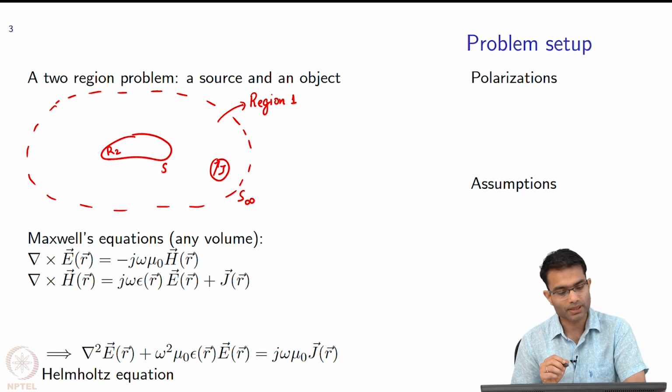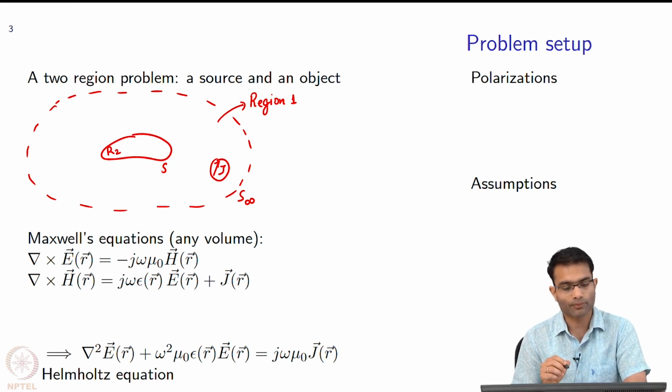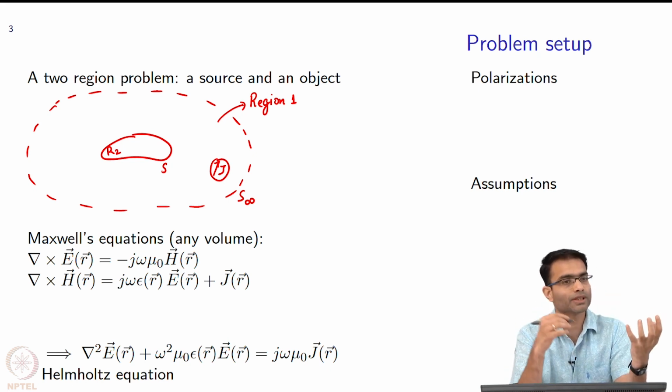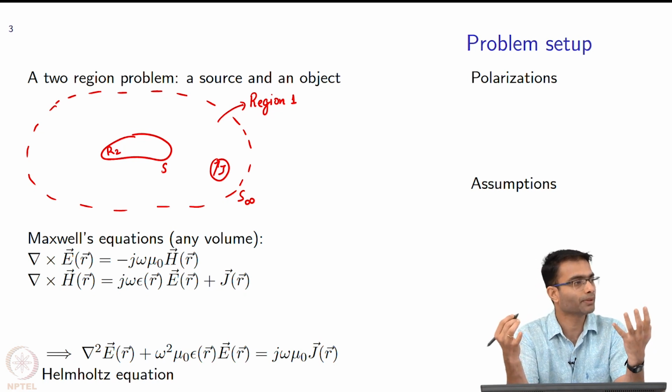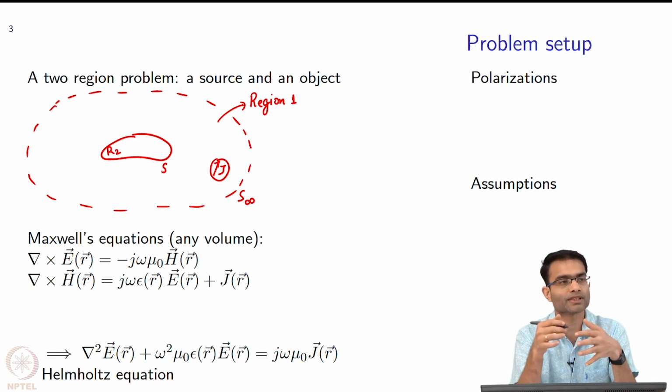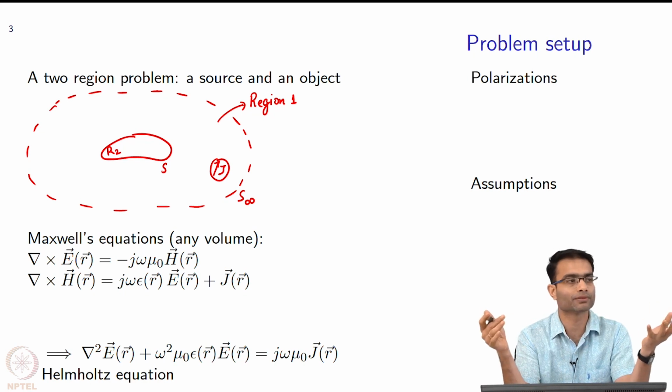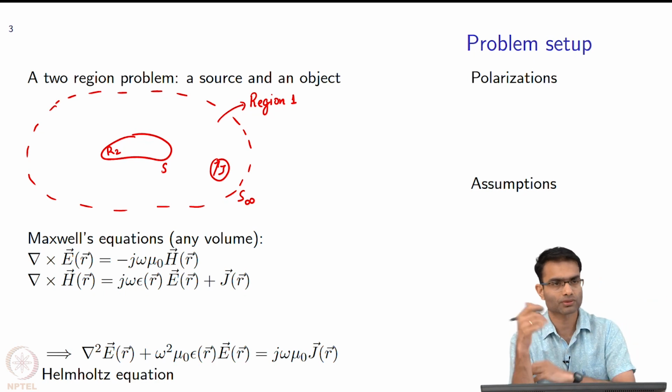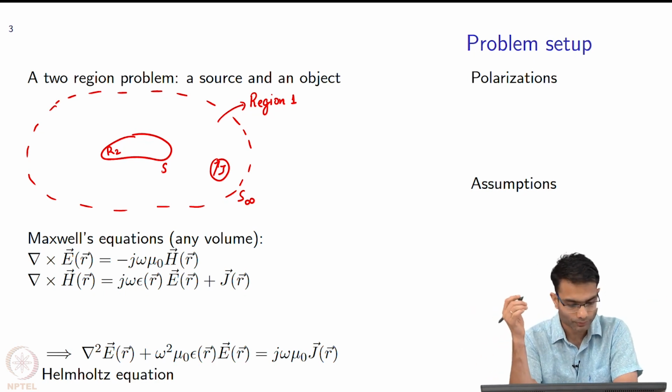Okay. So, this is the problem setup. What differentiates region 1 from region 2 in your opinion? Epsilon, right. Epsilon will be different, that is why region 1 for example can be air, epsilon relative is 1, and this region 2 could be something else, wood, right. So, it is some different epsilon.